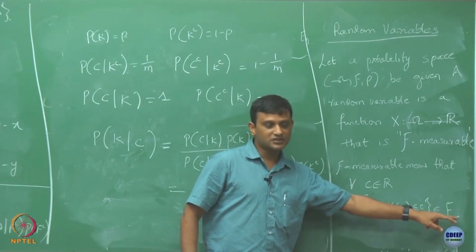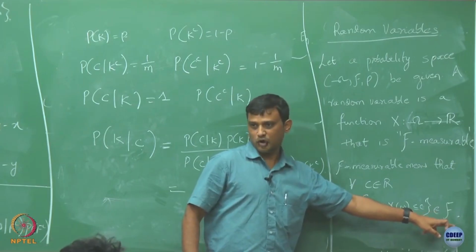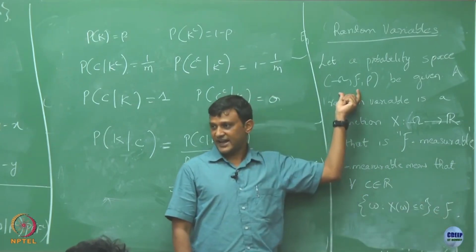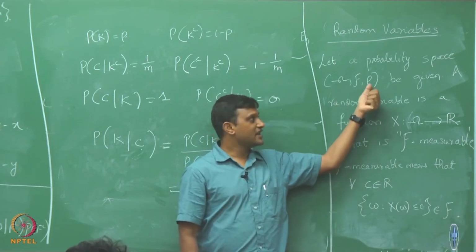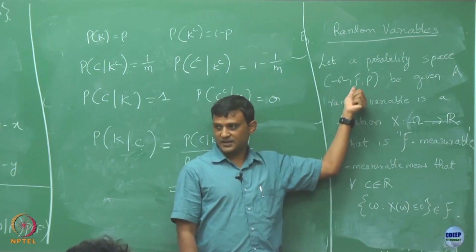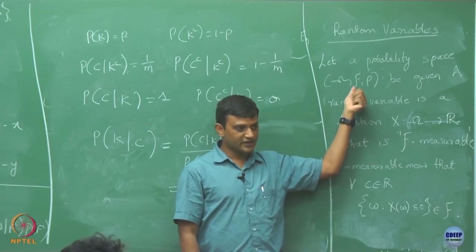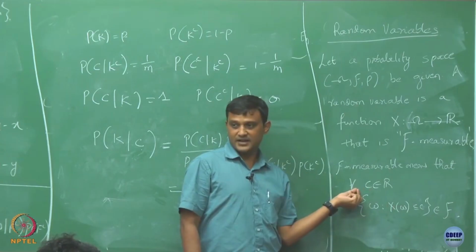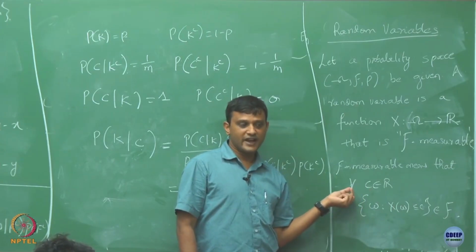If it belongs to script F, then only can I assign probabilities to it, because my probability space is such that I assign probabilities only to the events that belong to the event space. Notice that this condition needs to be satisfied for every C.